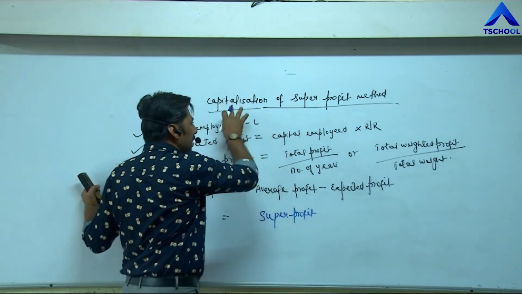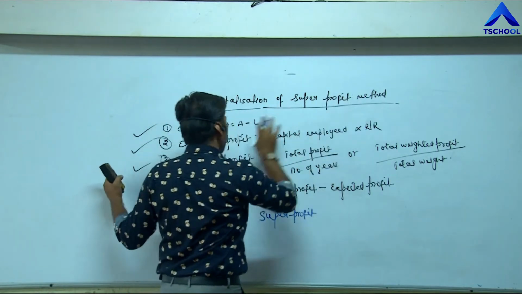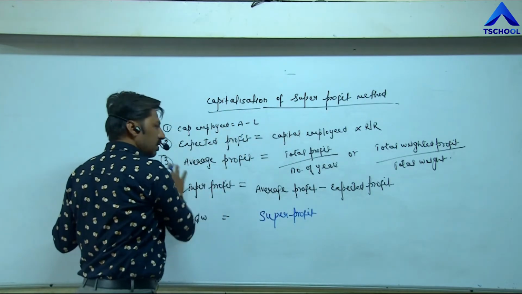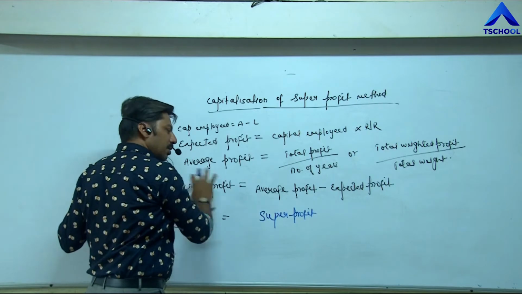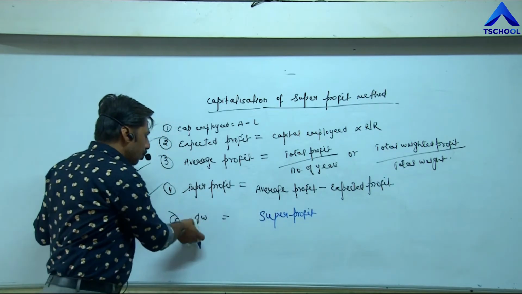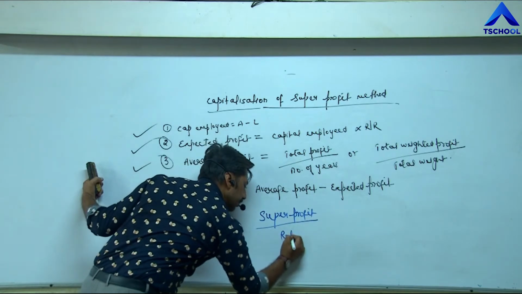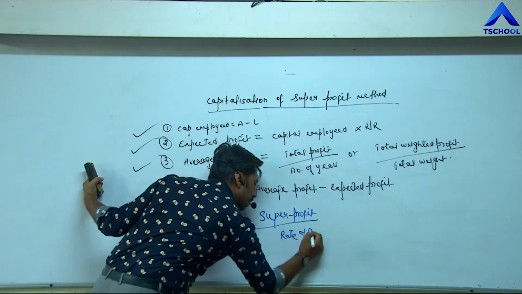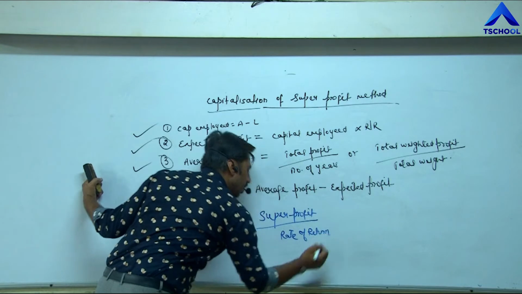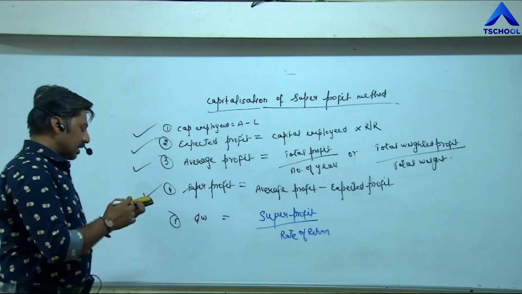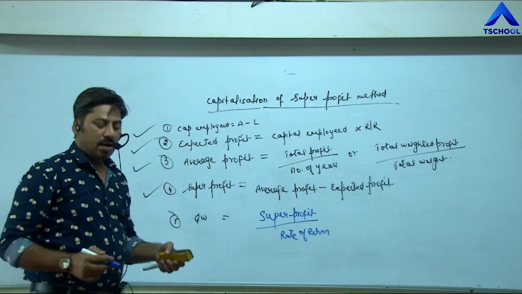But in capitalization of super profit method, all first four steps remain same. Only in last step, goodwill is equal to super profit upon rate of return. This is the formula for calculating goodwill in case of capitalization of super profit method.